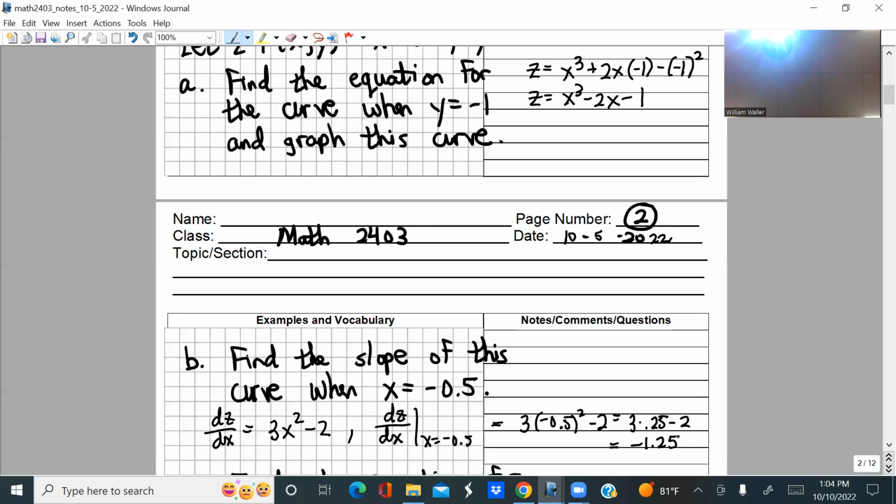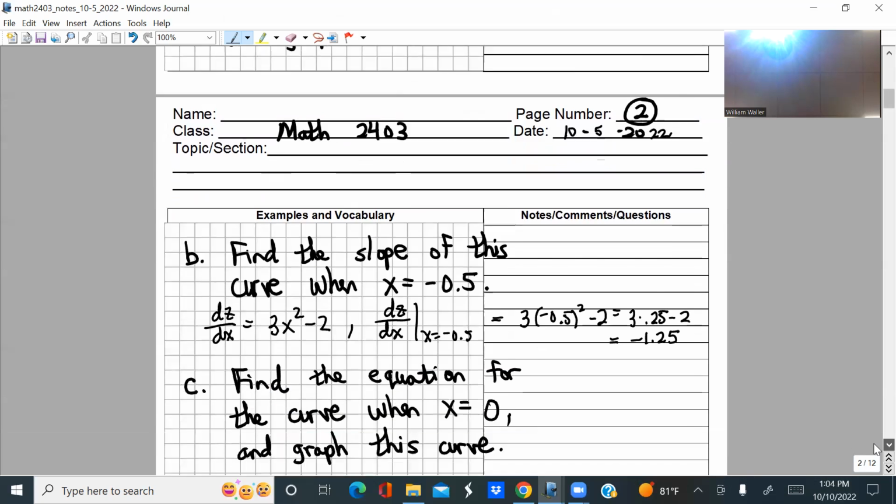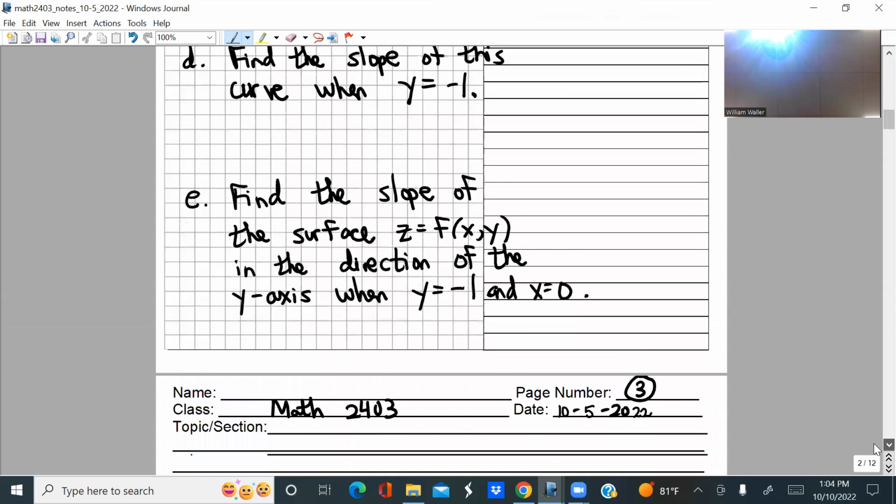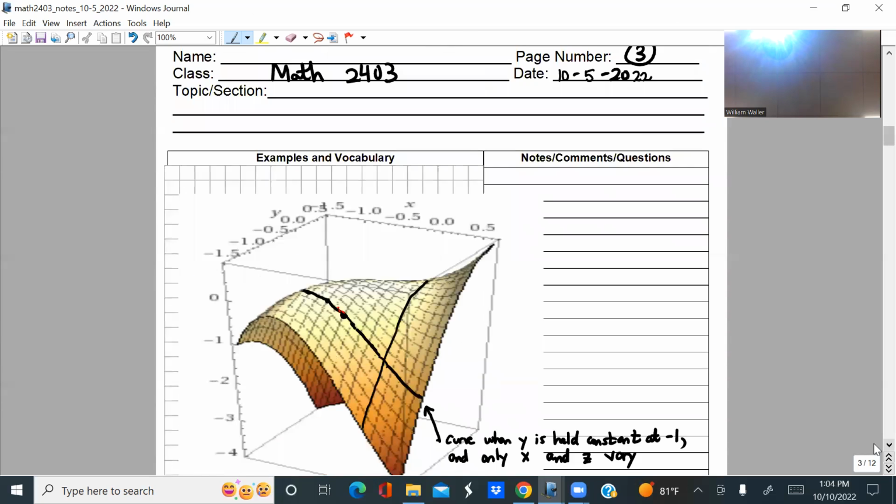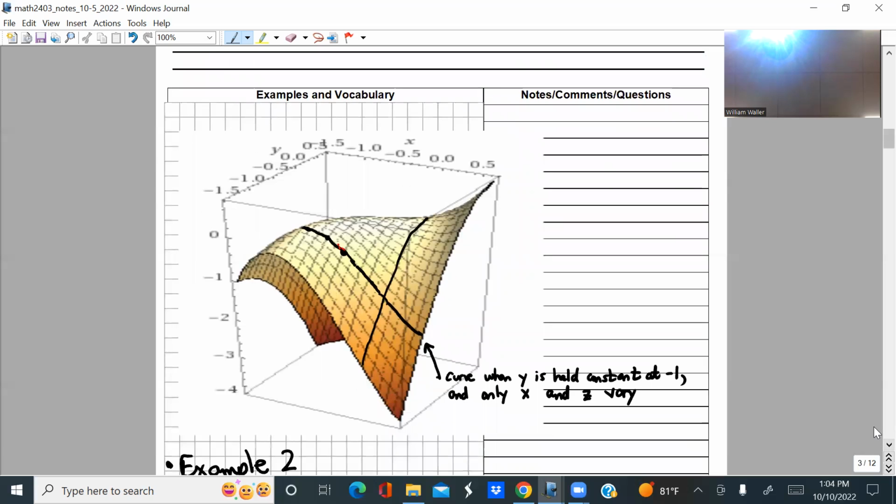Now, what is that telling us about our curve, and what is that telling us about our surface? Well, you have a negative derivative. So what do you know about this curve at this point where x is minus 0.5?